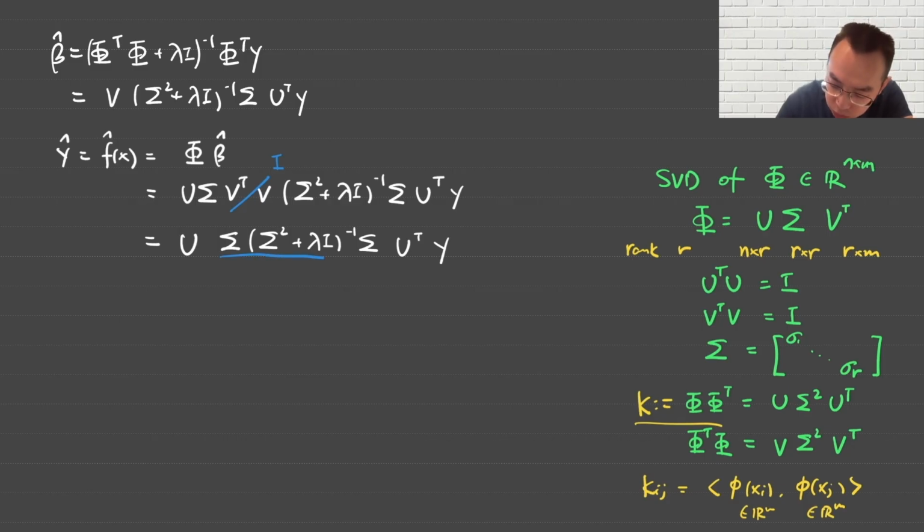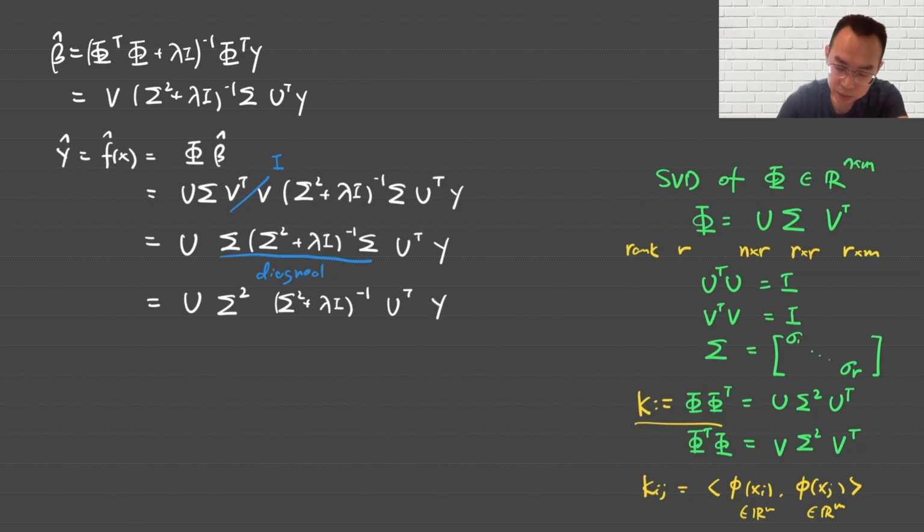So that means you can freely swap their orders. So diagonal, we can swap their orders, and then it becomes U times sigma square times (sigma square plus lambda I) inverse U transpose Y.